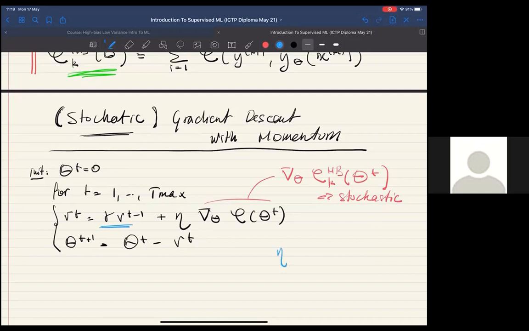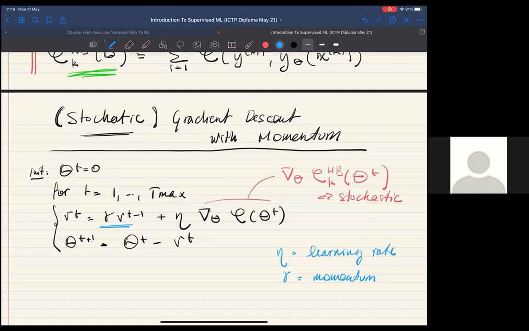As before, the theta is the learning rate, while this gamma is called the momentum. So why is that called the momentum? This is what we'll try to understand.